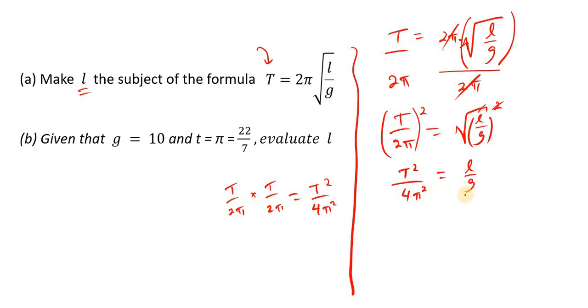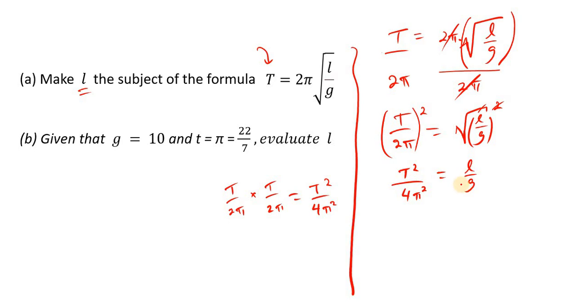Okay, now we want to make L the subject. So what are we going to do? Well, we could cross multiply, that's for one. Or we could transpose the G from the denominator to the numerator, and so we can simply put the G where T is on top of the numerator. That's an easy way of doing it.